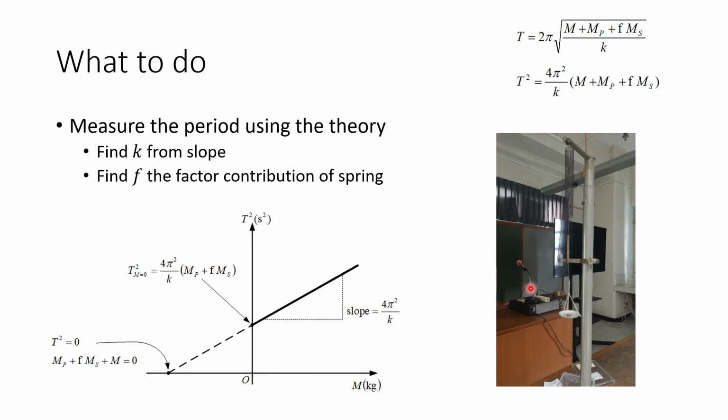So again, you make an oscillation, measure the period, change the mass, and by changing the mass you get different data points for T squared. Make this plot of T squared versus m, then find the slope and the y-intercept of this graph. Using the slope, you can find k, and once you know k, you can use the intercept, k, mp and ms to calculate f, and that's the end of this lab.